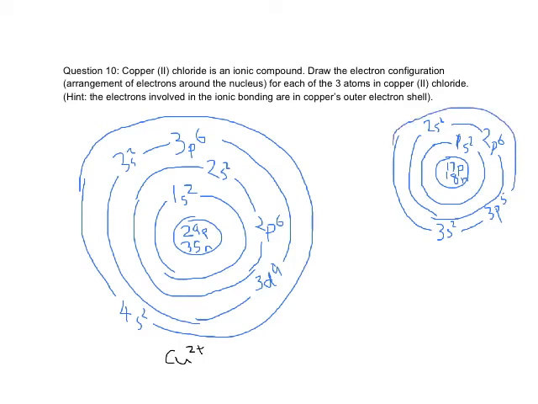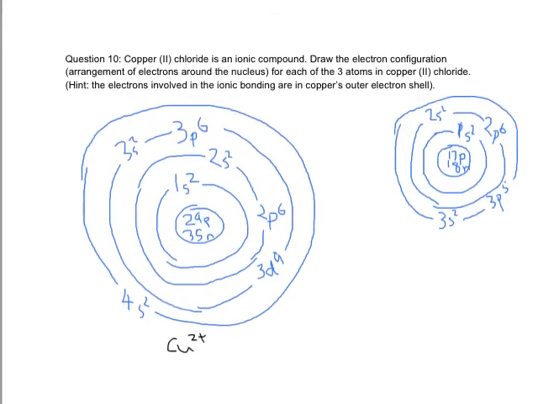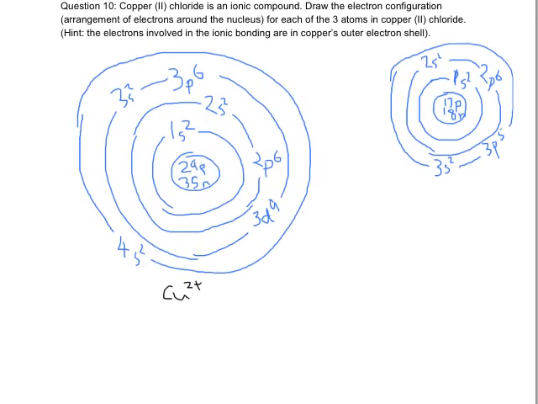I'll draw the next chlorine atom down here, same deal basically. 1s2, 2s2, 2p6, so 8 in the second shell.